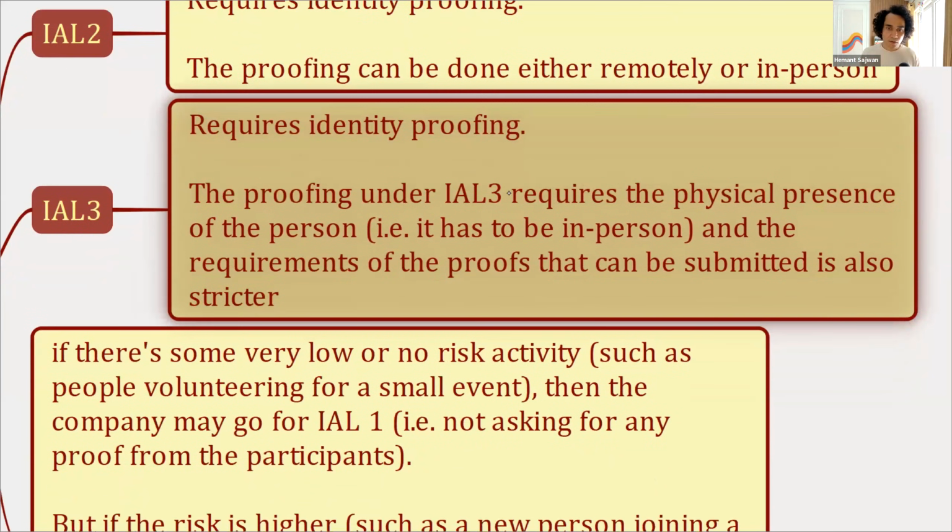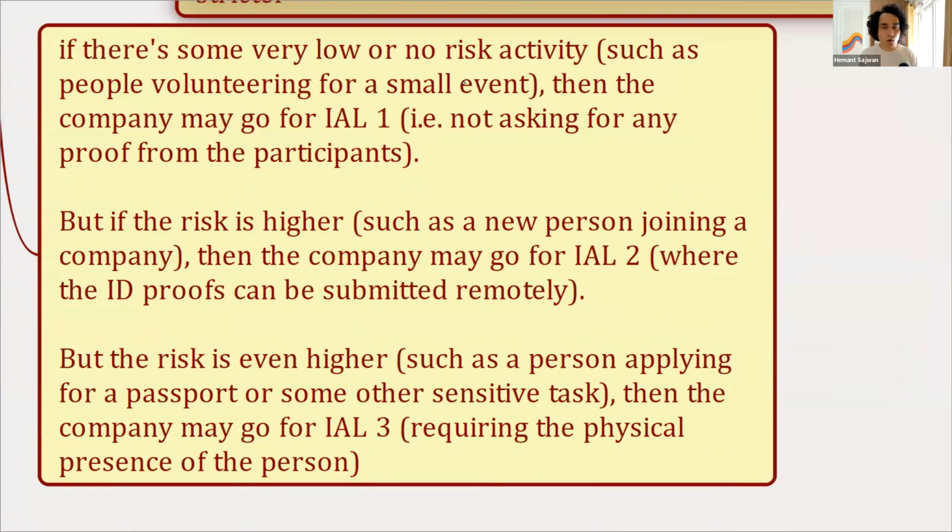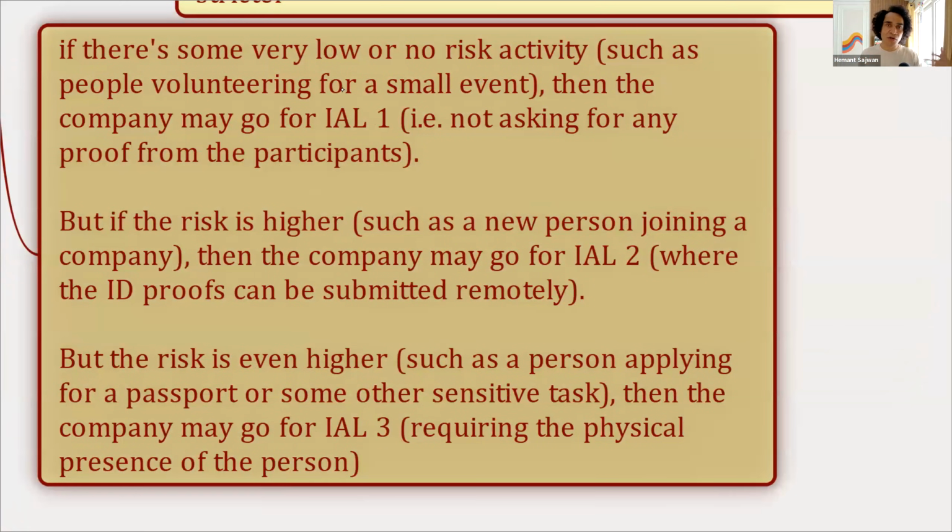For example, if there is some very low or no risk activity, such as people volunteering for a small event, then the company may go for IAL1, that is, not asking for any proof from the participants. But if the risk is higher, for example, if there is a new person joining a company, the company would require that person to submit some proof. And most likely the company will allow the person to submit the proof online, remotely.